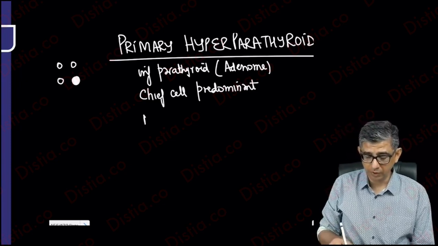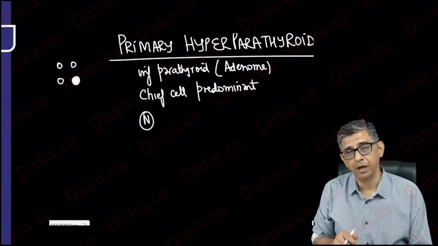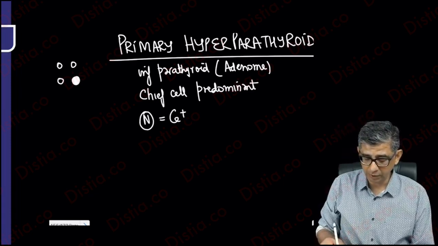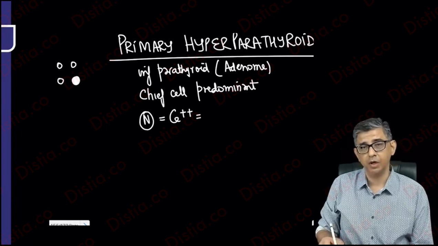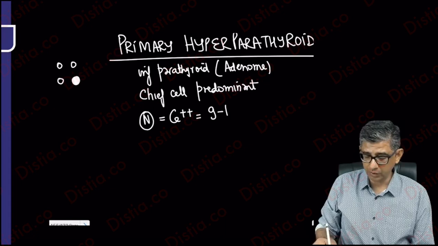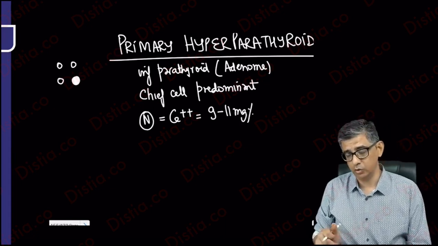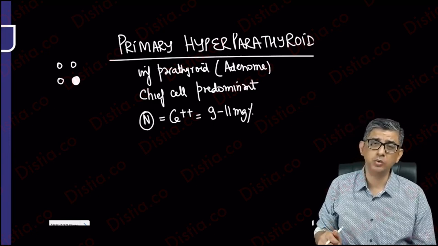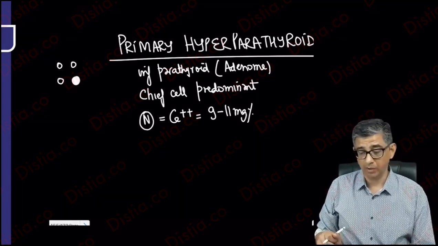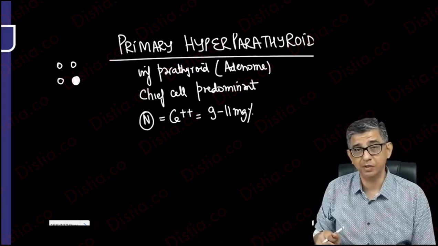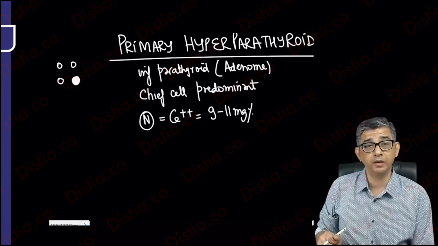And now let's look at what is actually gonna happen to the patient. Once the values of PTH will spike, you will notice that the calcium values will start rising in the patient. Normal calcium values are in the range of 9 to 11 milligram%. And in these patients, you could be getting a value which could go up to 15. Why am I worried about calcium values as high as 15 milligram% is that there is a possibility of a cardiac arrest.